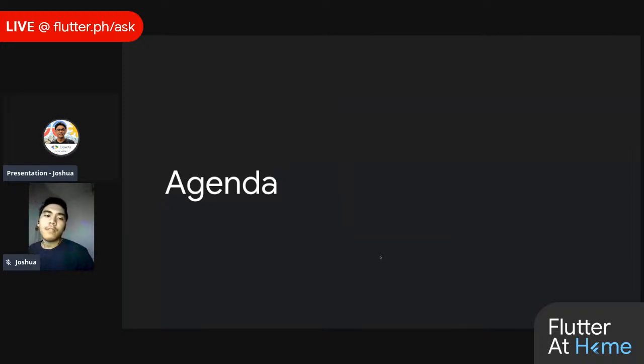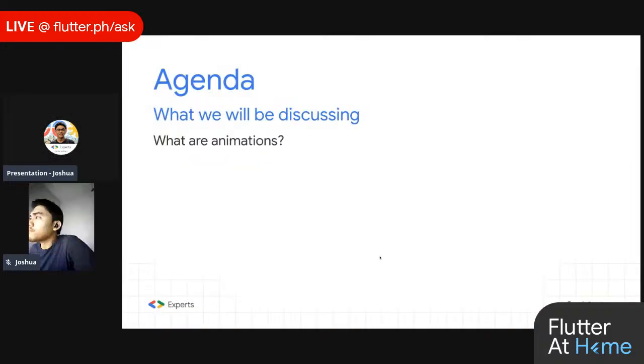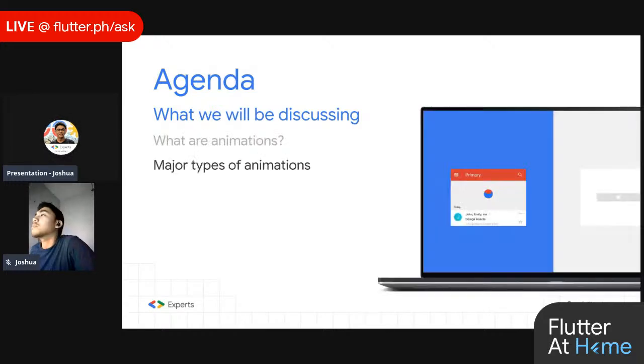Great. So now that you've learned what Flutter actually is, let's see the things that we're going to discuss regarding how we can actually create staggered animations. We'll have a short introduction on what animations are and why they're important.